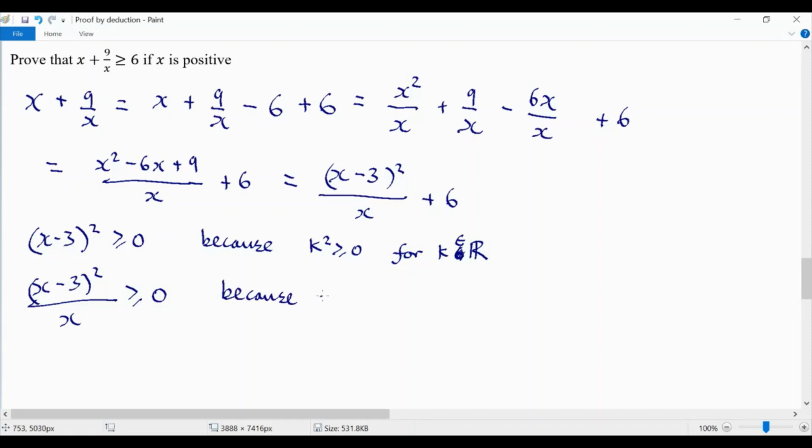because x is positive. Because it's worth mentioning, if x was negative, x minus 3 all squared would still be greater or equal to 0, but x minus 3 all squared divided by x would be less than or equal to 0, sorry, if x was a negative number.